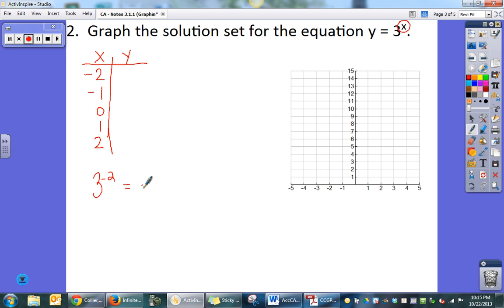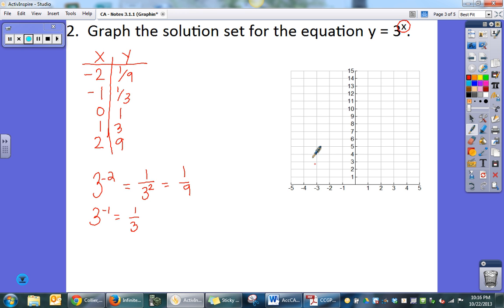You could do this in your calculator, but remember that that is 1 over 3 squared, so that becomes 1/9. If I plug in -1, I get 1 over 3. If I plug in 0, remember anything to the 0 power is 1. If I plug in 1, I get 3. If I plug in 2, I get 9.